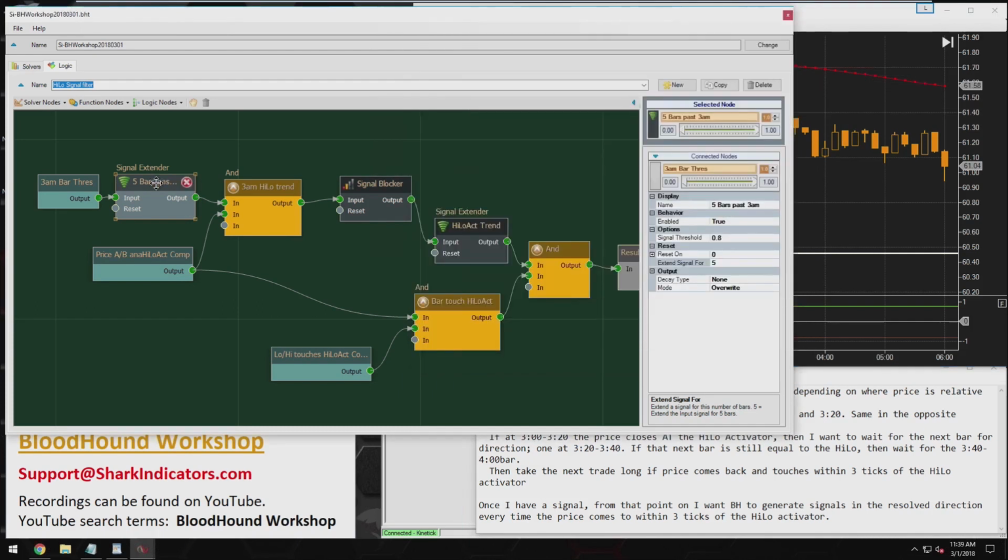So there we go. That's another signal extender you may need to adjust.